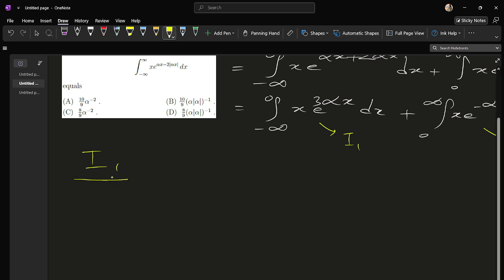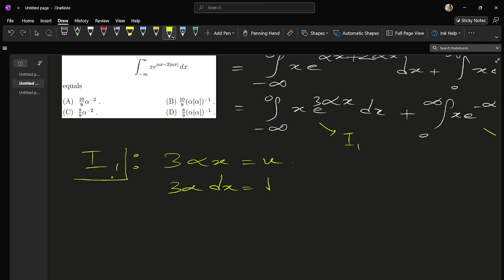In I1, let 3 alpha x equal u as the substitution. So 3 alpha dx equals du.